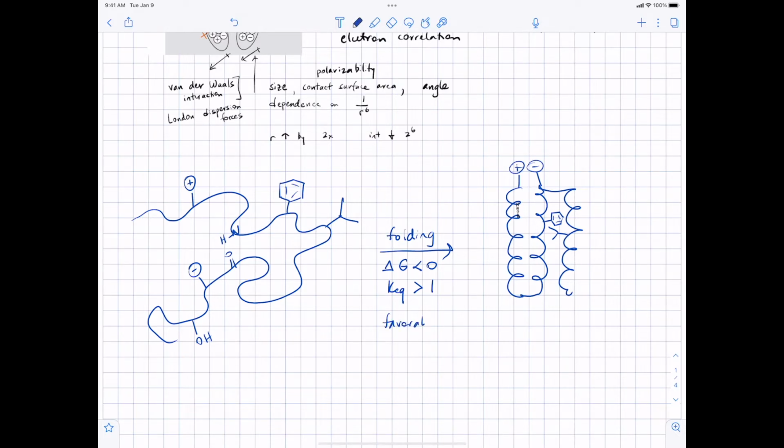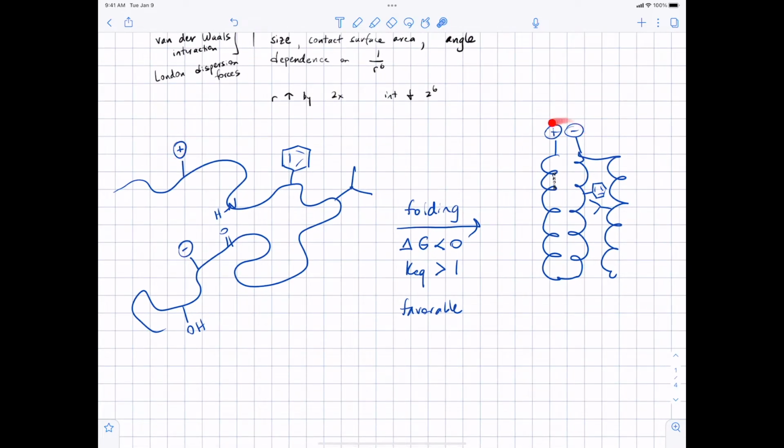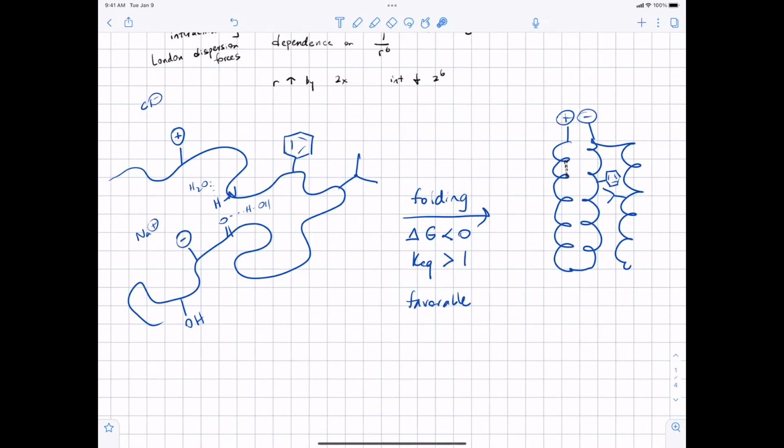And it's tempting, as I said before, to look at the charges and think, oh, that interaction must be important, but you have to consider, were there counter ions in solution that were already interacting with those charges when it was unfolded? Were there water molecules around that were hydrogen bonding with your groups when it was unfolded? So it's tempting to speculate that interactions that you see in the folded conformation are important for folding when it's possible they were decently interacting with other things in the unfolded shape.